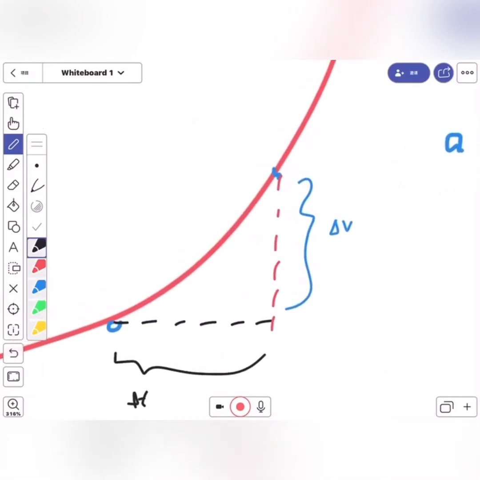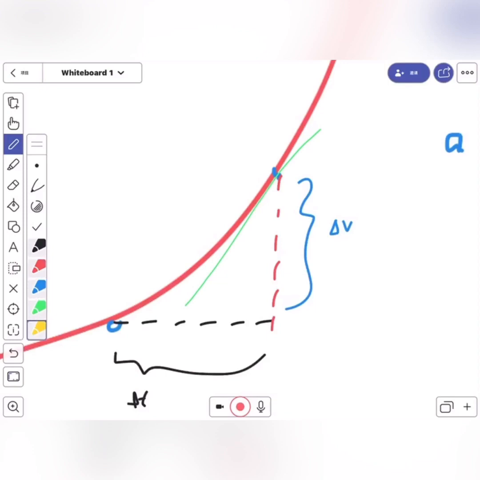So let's remind ourselves what a derivative is. A derivative is just the slope of the tangent line at a point. In this case, if we take the derivative here, the slope would be the slope of the green line.